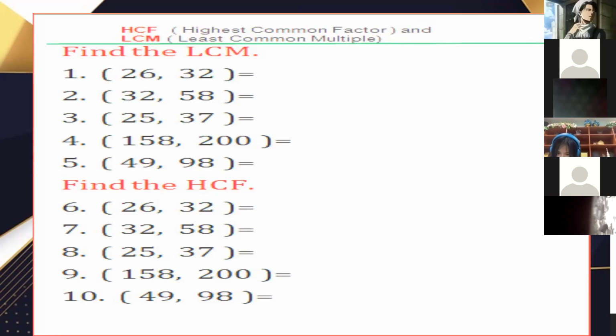Those who are finished, very good. Next, we go to number two. Types of surface. This is smooth surface and rough surface. Who has finished number one?